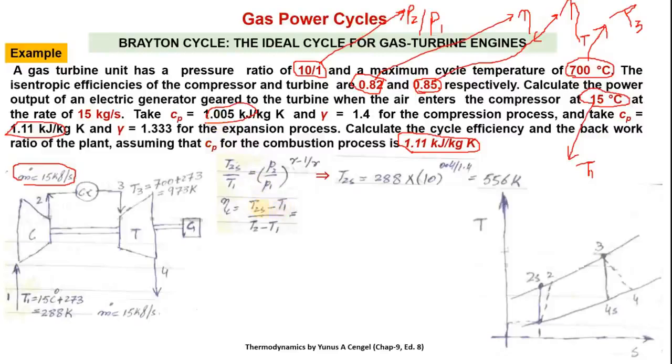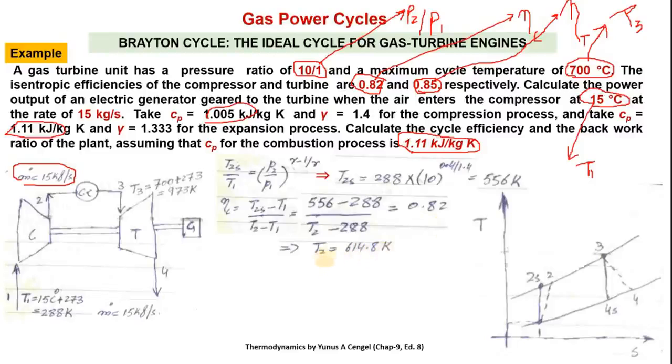So isentropic enthalpy change divided by actual enthalpy change, where Cp has cancelled. That's why we have efficiency only in terms of temperatures. Now this is given as 0.82. T2s is already calculated, T1 is also known, so from here we can find out T2. By putting values, T2 is calculated to be 614.8 Kelvin.